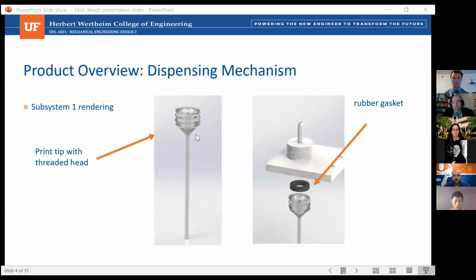So the hand will, if you are able to see my mouse on the screen, the hand will be holding the end where the needle is connected with the head, and that part will not be completely submerged or screwed into the support, because the seal will be elastomer between the printing tip and the holder, and therefore there will be a space for the hand to manually handle and insert it.